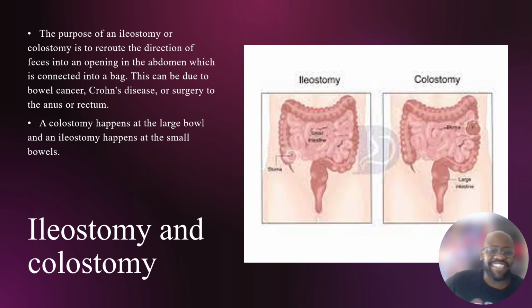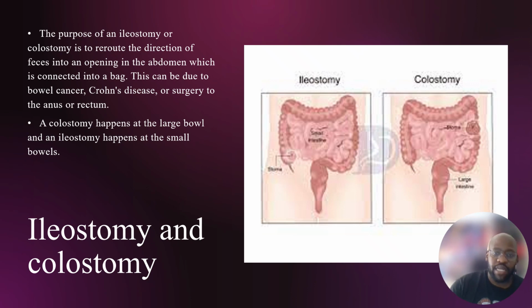Ileostomy, I can't say the word, and colostomy are pretty much when we need to bypass the rectum for many different reasons. So what will happen is a stoma will be opened and connected from the outside of the body for the ileostomy.